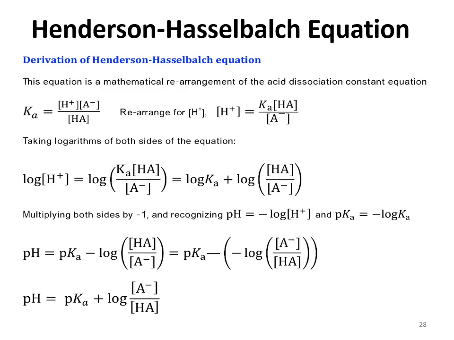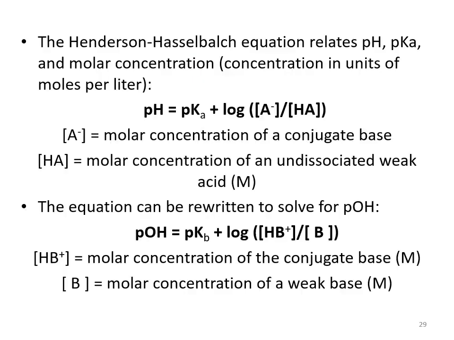The other side of the equation will also rearrange, and at the end we have pH is equal to pKa plus log of the concentration of conjugate base over, in the denominator, the undissociated acid.